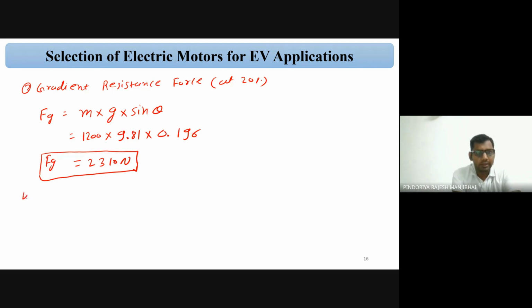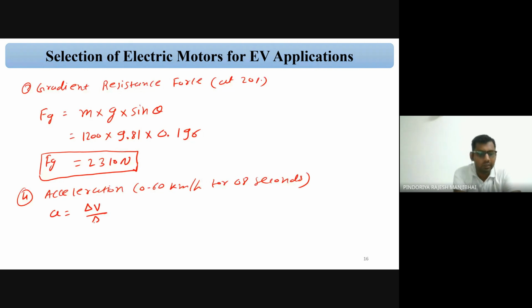The fourth one is acceleration, from 0 to 60 kilometers per hour in 8 seconds. We calculate acceleration A equal to delta V upon delta T, velocity upon time.